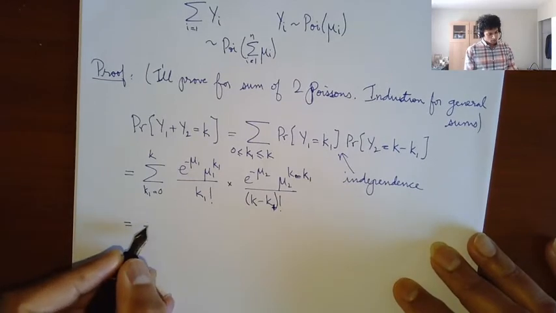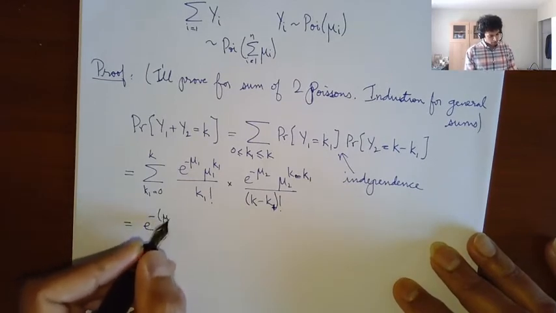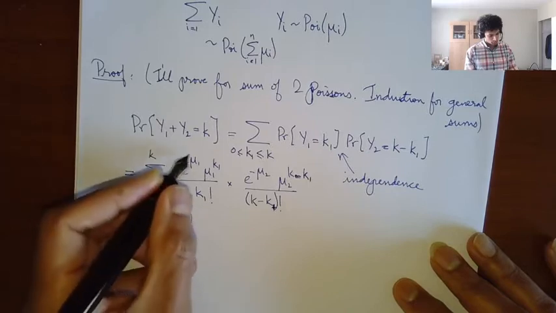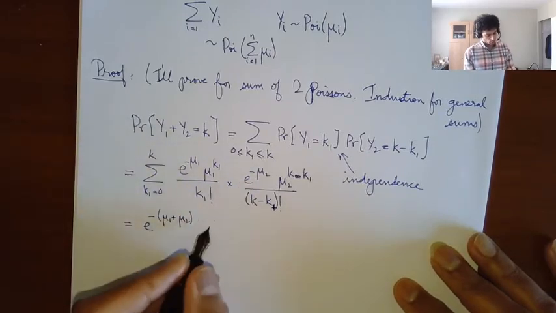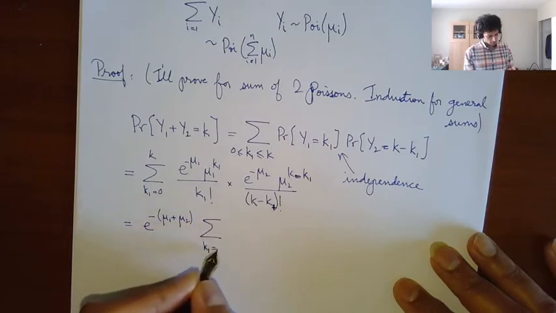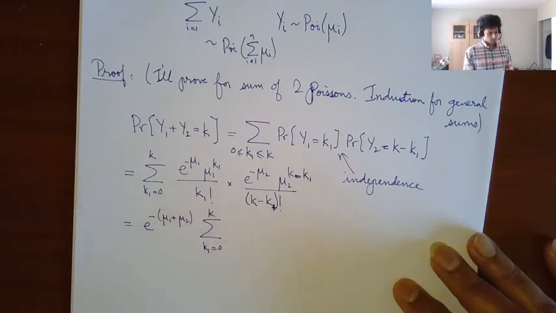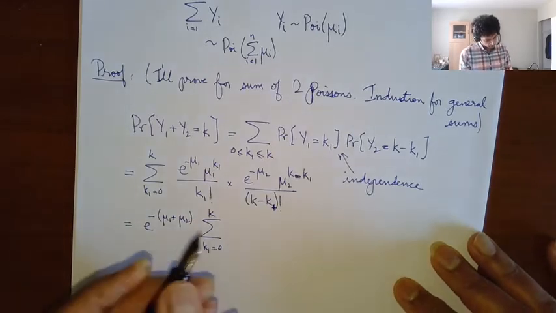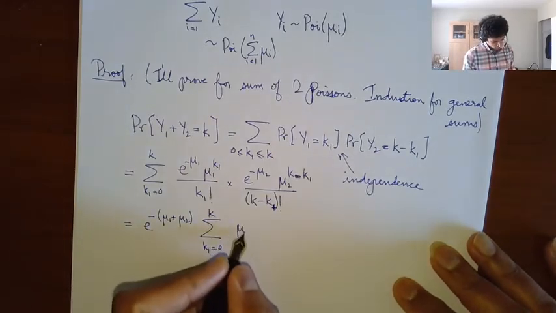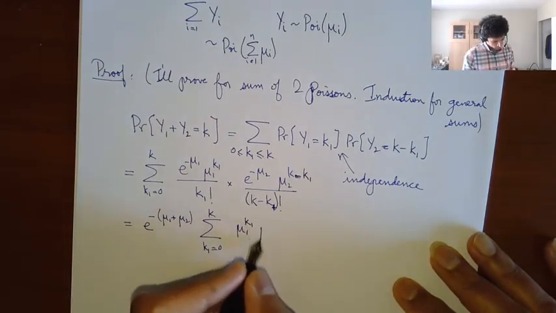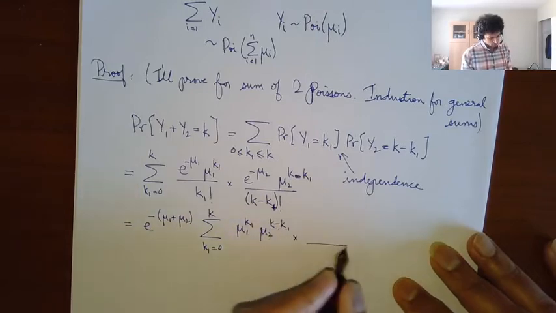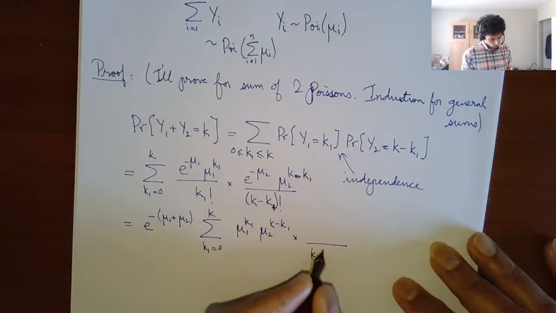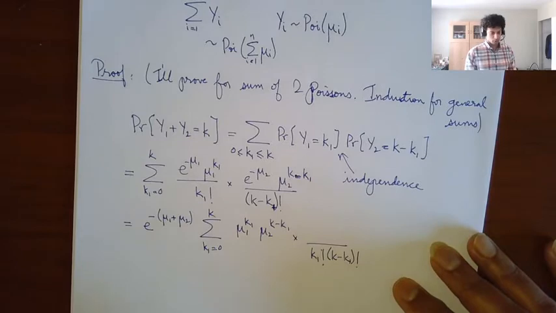Now you start seeing what's going on. So you get e to the minus mu1 plus mu2. These terms here do not depend on k1. Then the sum for k1 equal to 0 to k of mu1 to the k1, mu2 to the k minus k1, over k1 factorial times k minus k1 factorial.